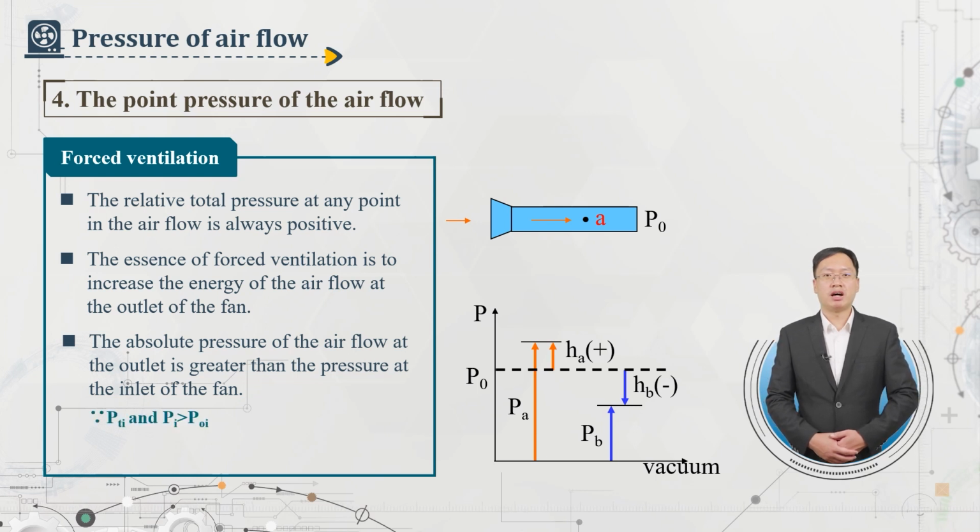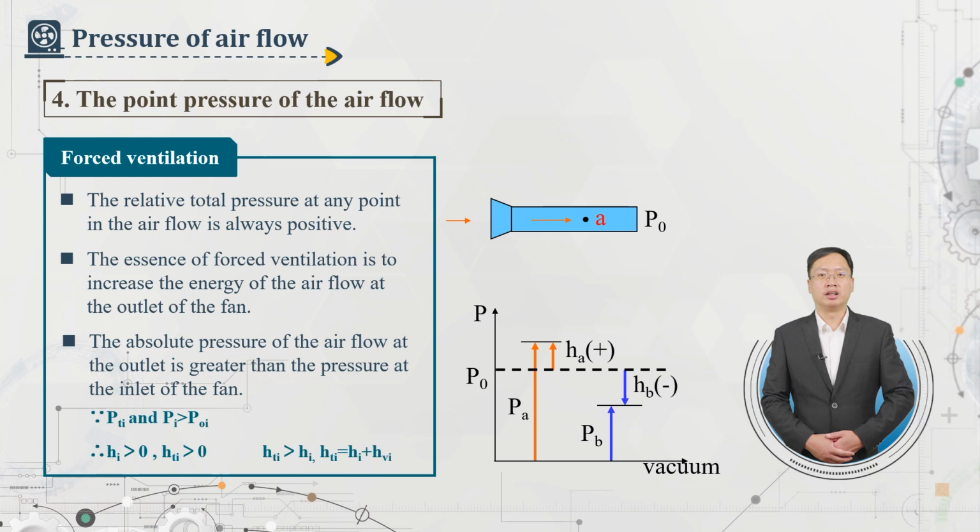Because PTI and PI are greater than POI, so HI is greater than 0, HTI is greater than 0, and HTI is greater than HI. HTI equals HI plus HVI.